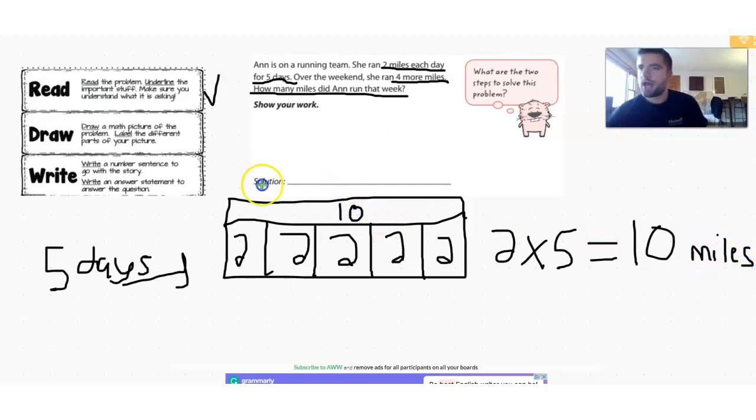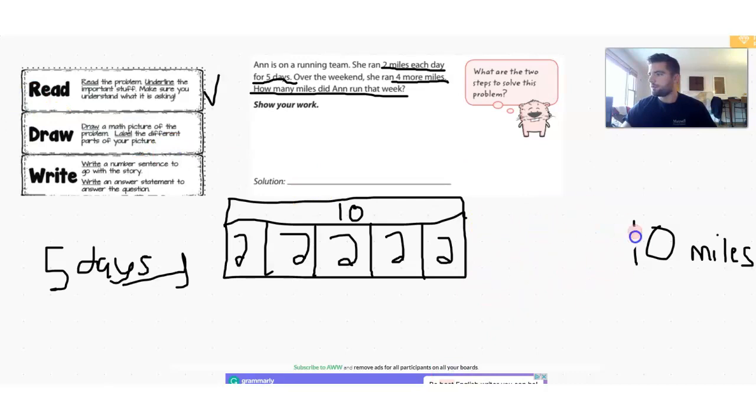Now we're not done yet, even though we did our picture. We still have to add 4 more miles that she ran over the weekend. So what we can do is keep this tape diagram and just add another little piece. I'm going to erase this part real quick to give us some room.